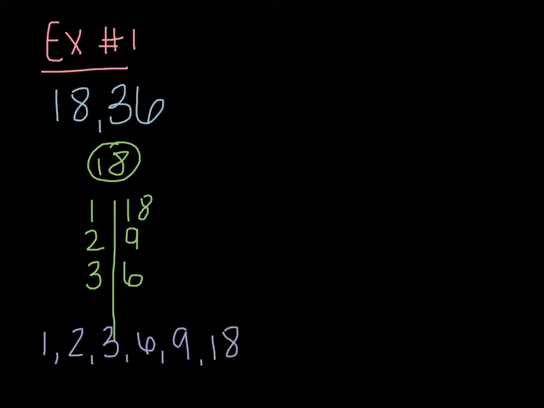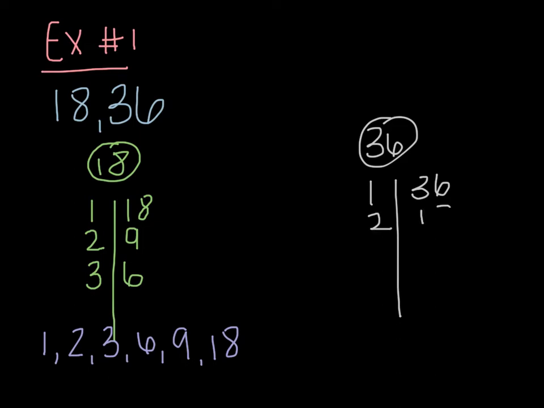All right, so now we're going to do 36. So we know it's 1 and 36, 2 and 18, 3 and 12, 4 and 9, and 6 times 6.